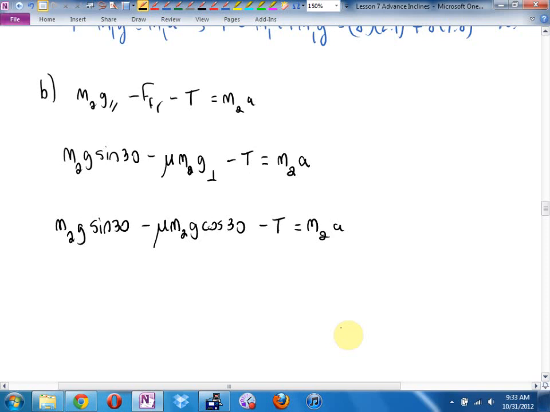Let's get all the M2s to one side and anything that doesn't have an M2 to the other side. I'm going to plus the tension over, and I'm going to minus the M2A over to the left side. I'm going to move this guy to here, move this guy to here, and I got all my M's on the one side at least. With me so far?